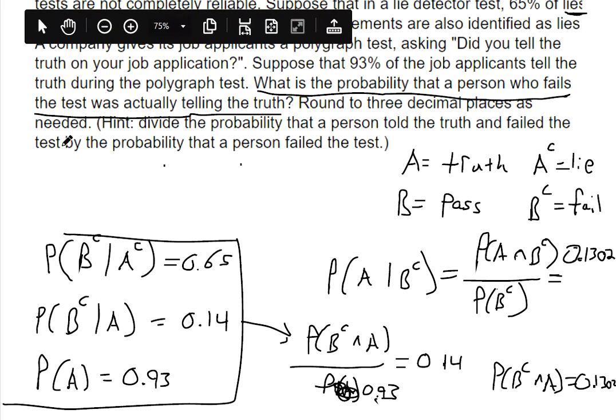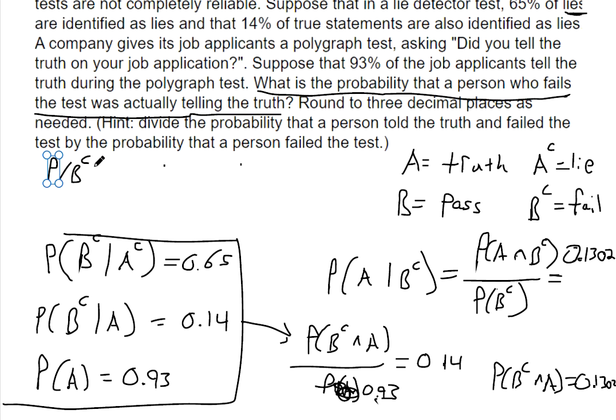The probability B complement is failing the test. The probability of failing the test is equal to the probability of failing the test and telling the truth plus the probability of failing the test and lying.